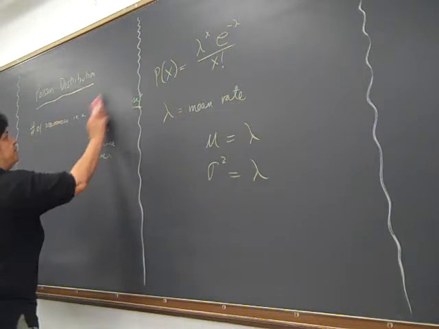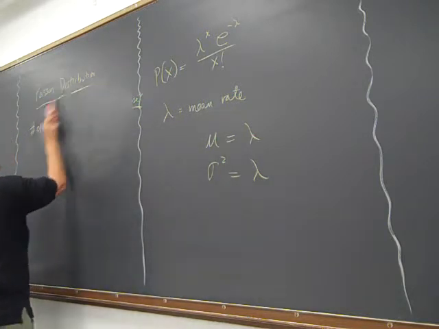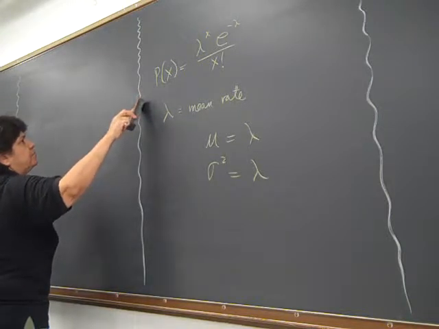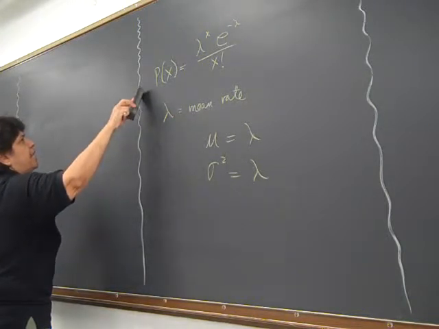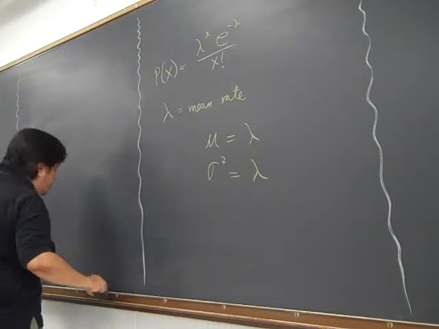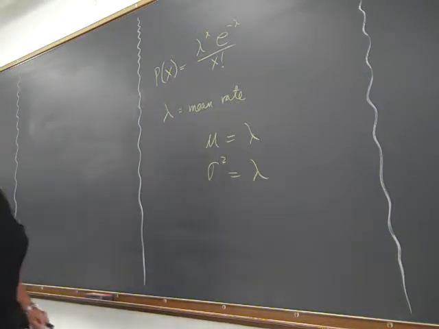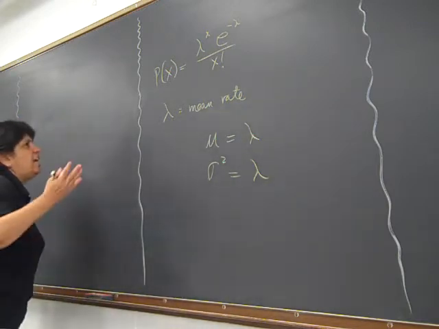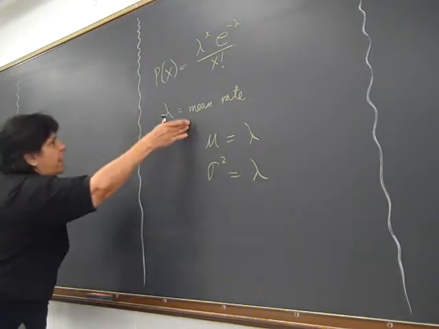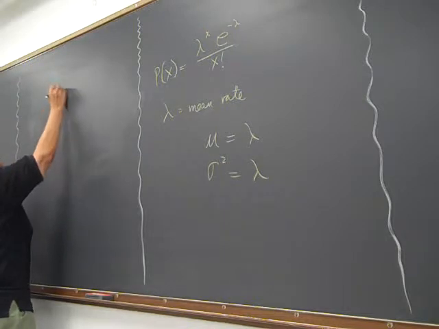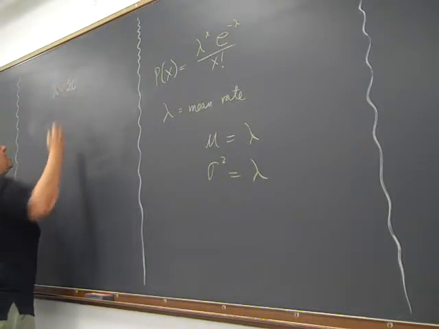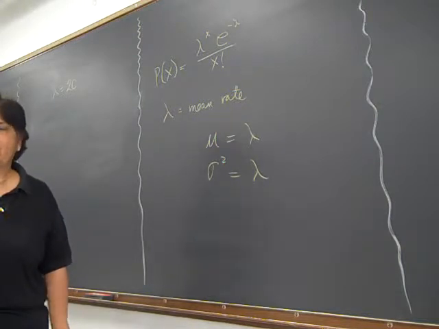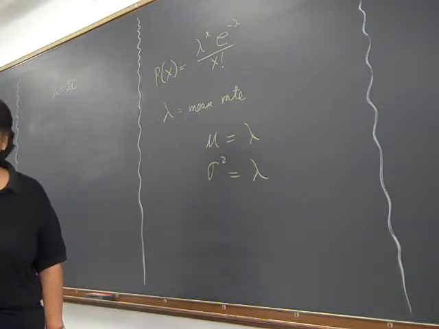Let's do an example. Suppose that I have a restaurant, and I have a mean rate of 20 customers per hour in my restaurant. So this 20 customers per hour is my rate, that is my lambda. So my lambda is equal to 20.